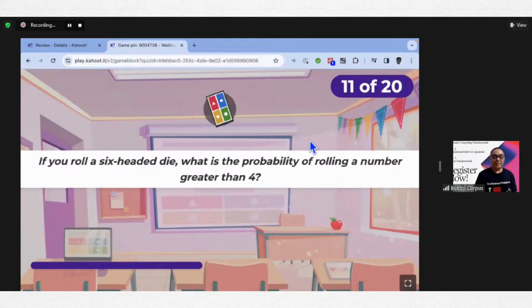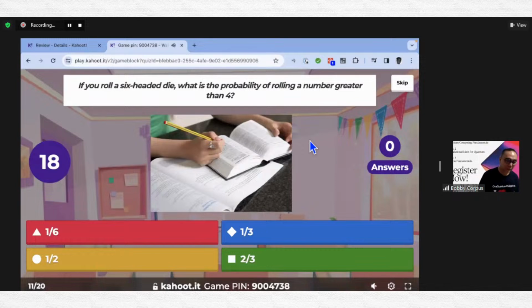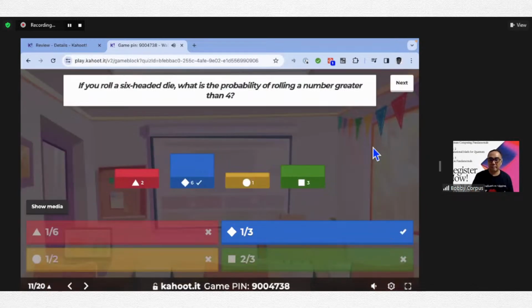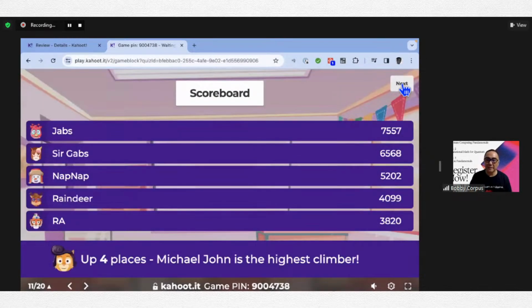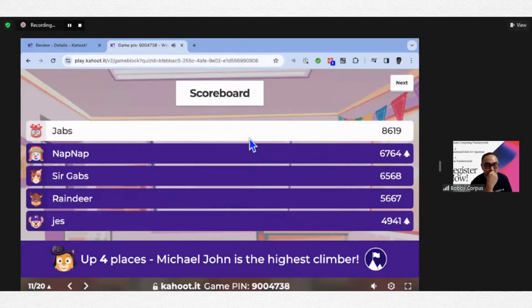If you roll a 6-sided die, what is the probability of rolling a number greater than 4? Okay, so this is probability na. Napakasimple lang yan, high school yan. Very good. The answer is 1/3. Okay, tingnan natin kung sino yung mga. Okay, may bago na. Okay, si Jess. Next.